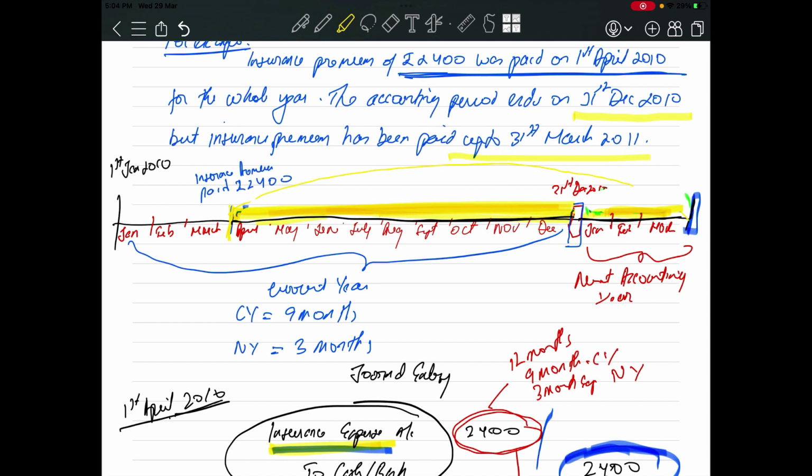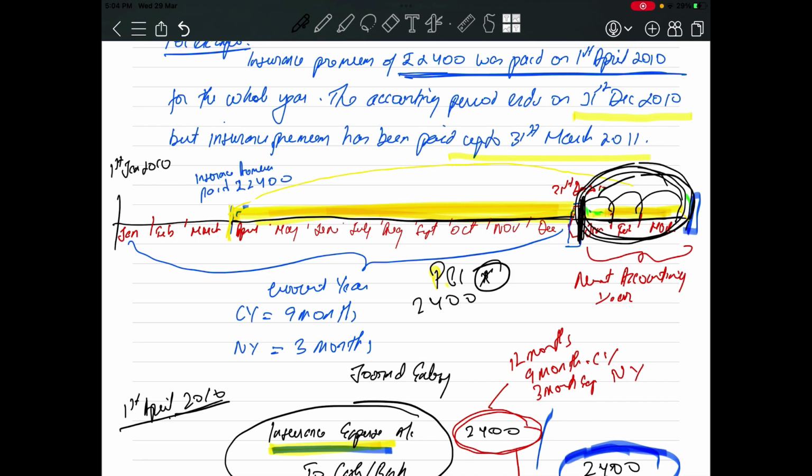Now give me a logical answer. Do you think it will be fair to debit the whole amount in the P&L account? No. Why? Because this 2400 includes expenses which will arise in the next period.